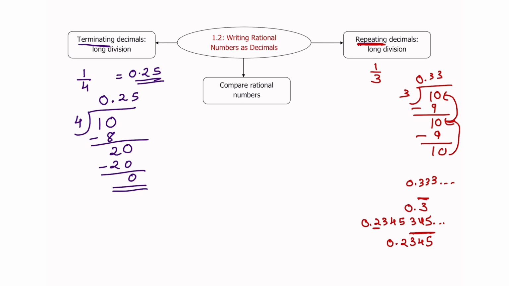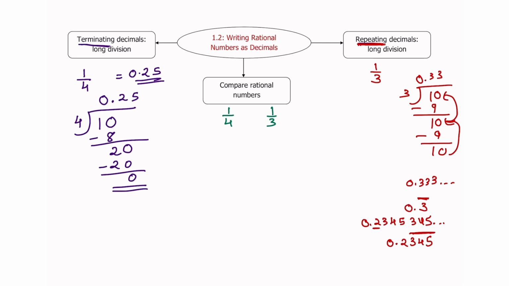Now we come to the middle part, comparing rational numbers. For us to compare rational numbers, we need to convert them into a format that's easier to compare. For instance, let's say our numbers were 1 over 4 and 1 over 3. How do we compare them? They do not have the same denominators. In that case, we are going to convert both of them into decimal numbers first.